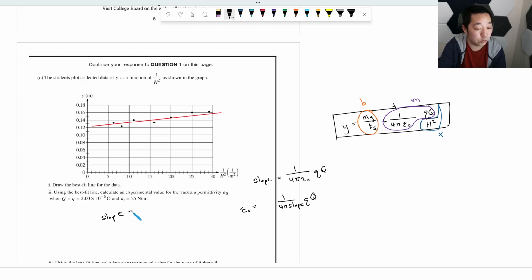Pick 2 points on this curve that you can easily read. I'll pick this one, that's about halfway. We'll say that's about 25, 0.15. And then just pick something else; imagine I drew that line a little further, through 0, 0.12. So the slope is going to equal 0.15 minus 0.12 over 25 minus 0.